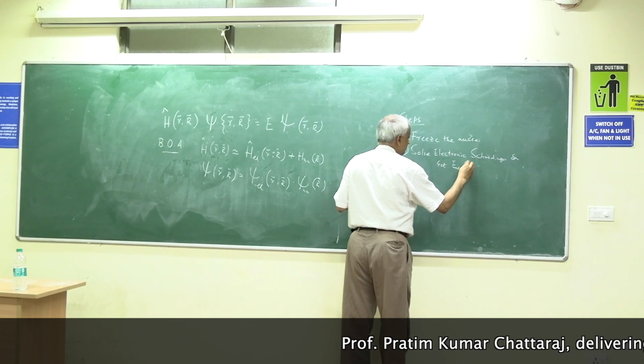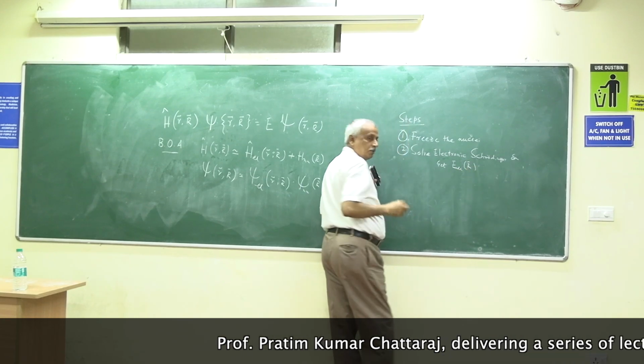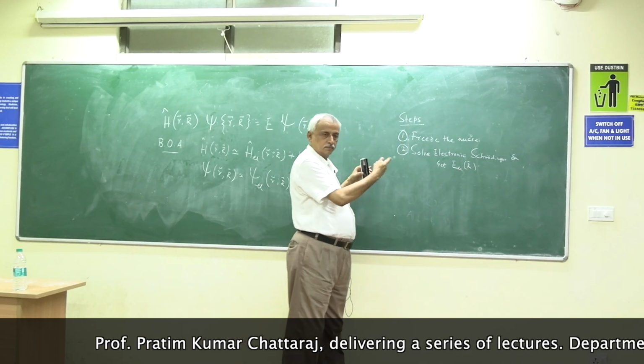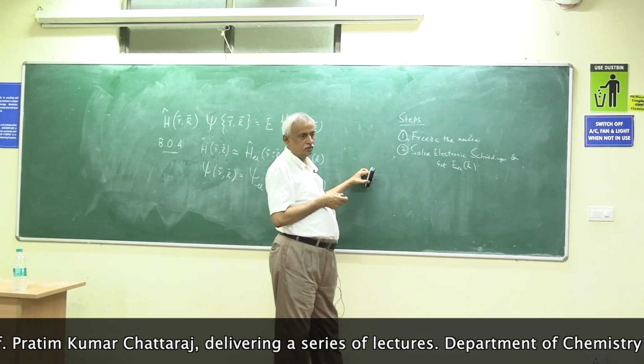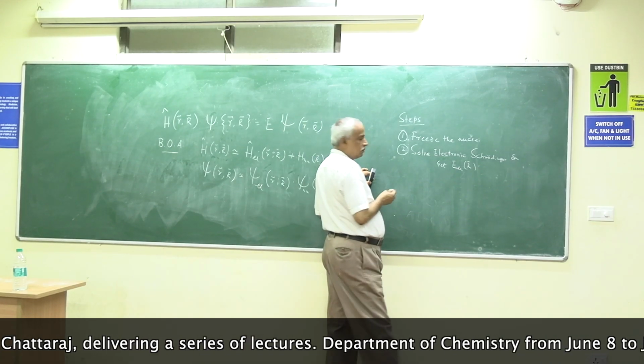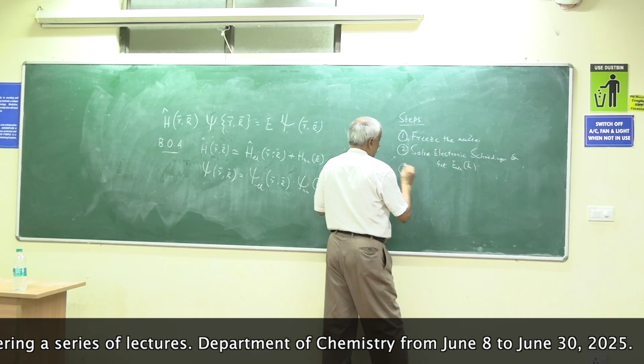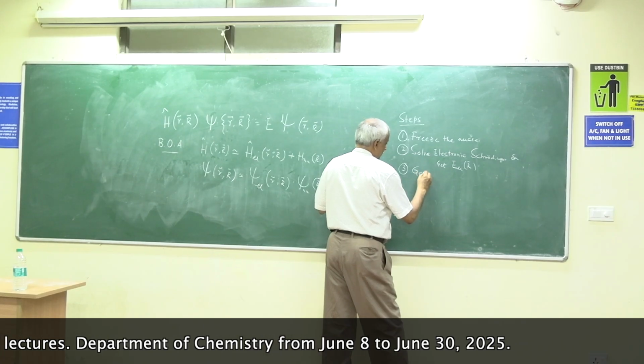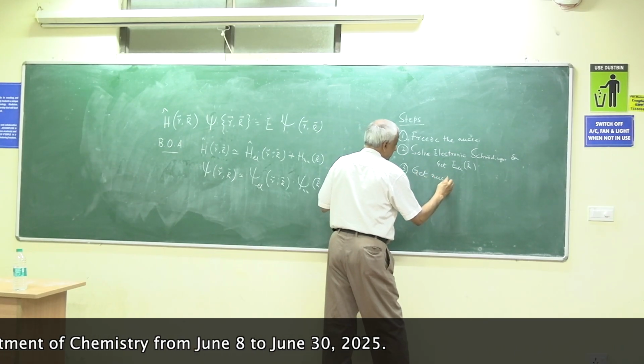So electronic energy will have a dependence on R. For different nuclear arrangements, you will get different solutions from the electronic Schrödinger equation. Get nuclear potential energy.